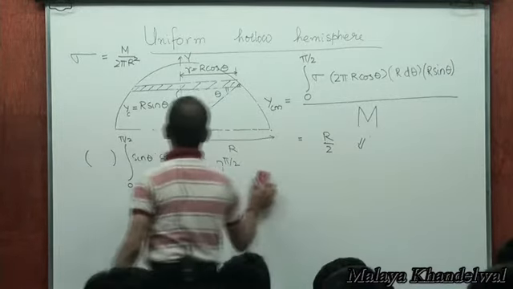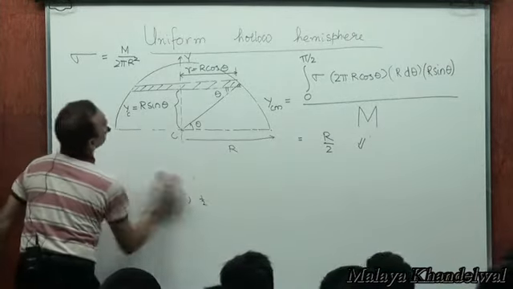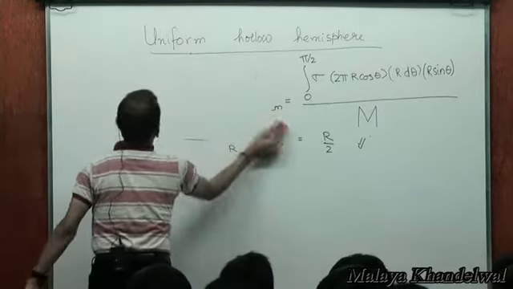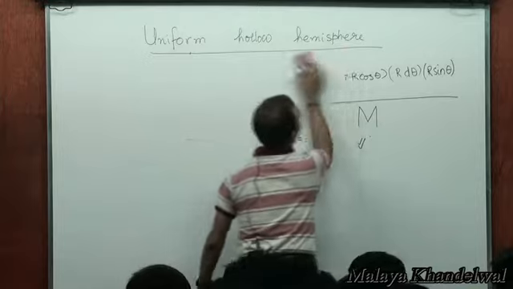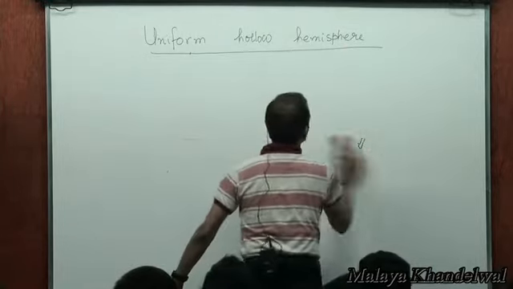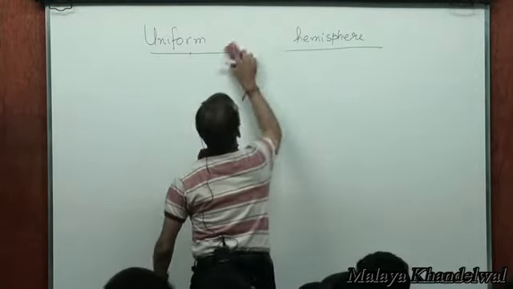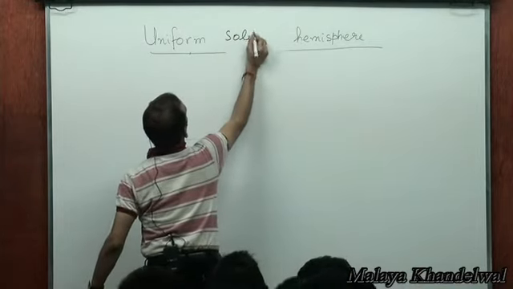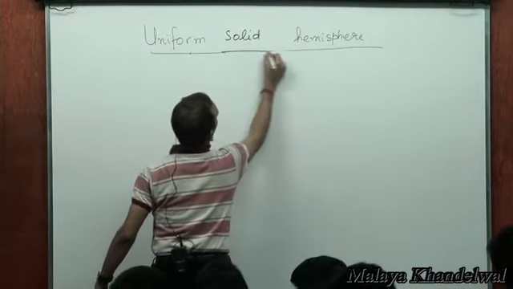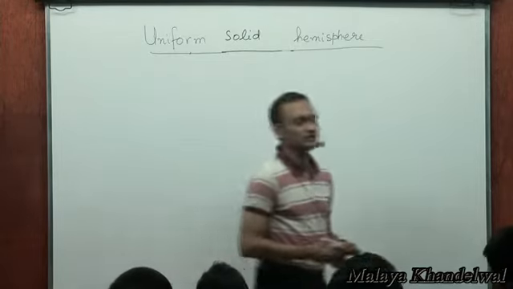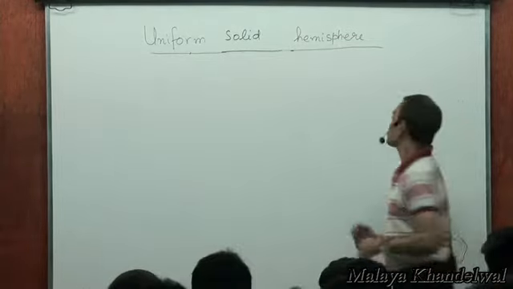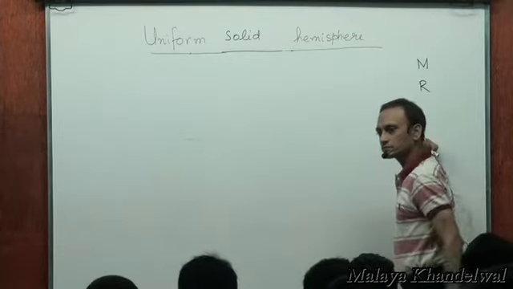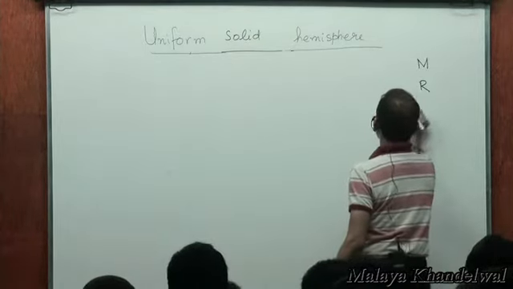Now let me talk of a solid hemisphere, uniform, of mass capital M and radius R, and mass per unit volume.